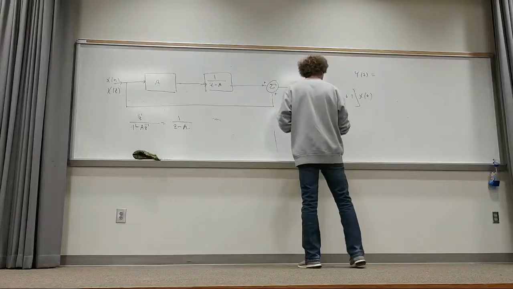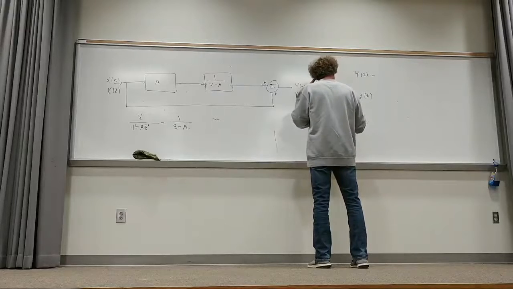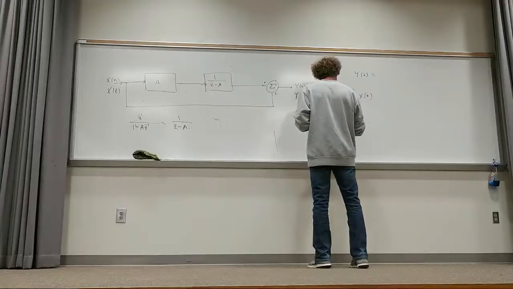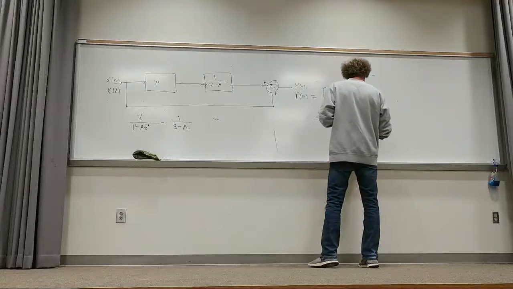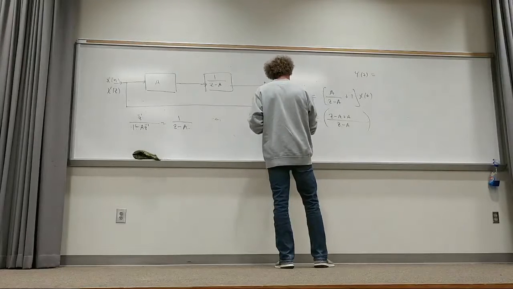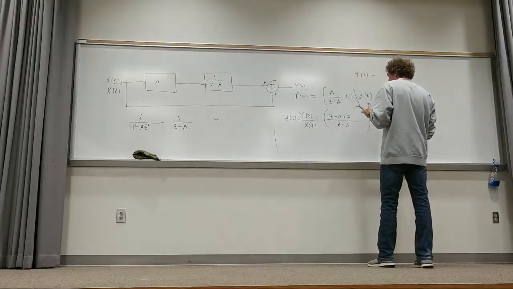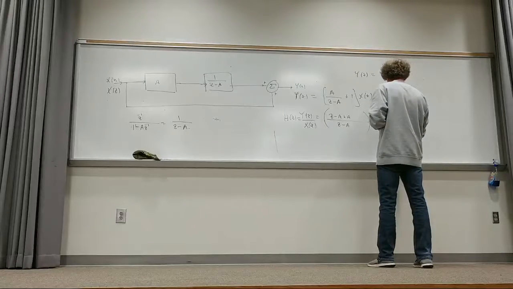Now, that becomes what? I have z minus a as the common thing, and then I have z minus a plus a here, times x of z. Then y of z divided by x of z is equal to my h of z. That was the bottom line, and that can be rendered as simply z over z minus a.